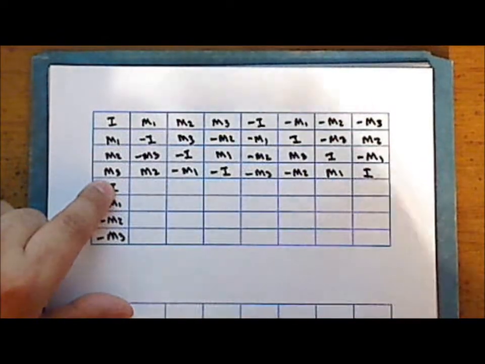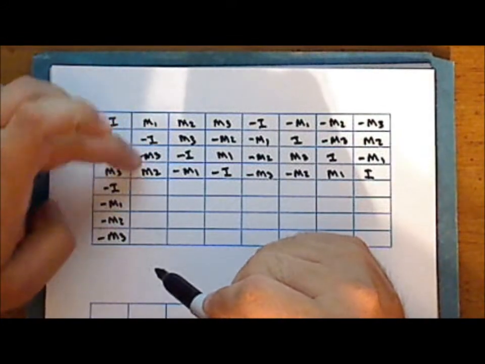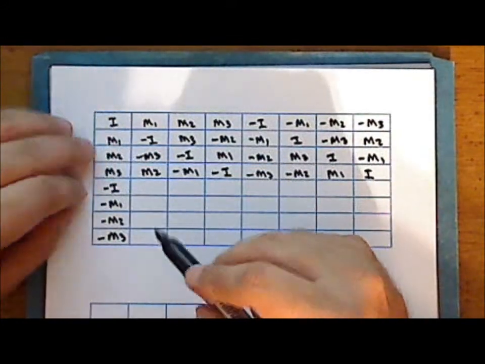And now to complete the columns, we multiply the corresponding matrices by the scalar negative 1.